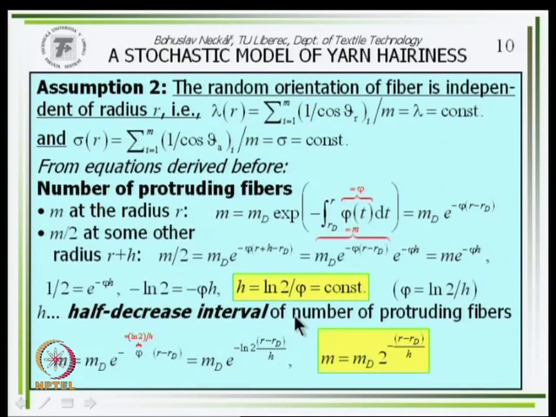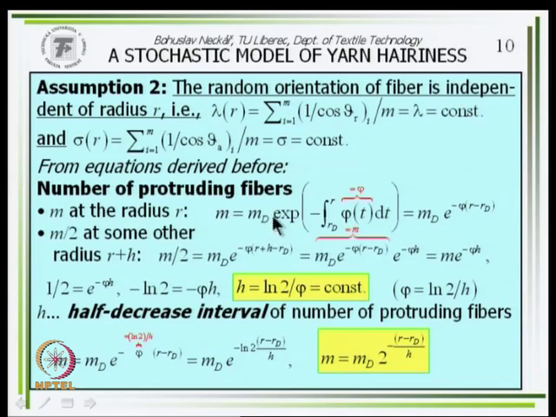The logic lies in that the distribution of fiber orientation is independent of radii. Now, based on such assumptions, let's rearrange our earlier general equations to a new form.